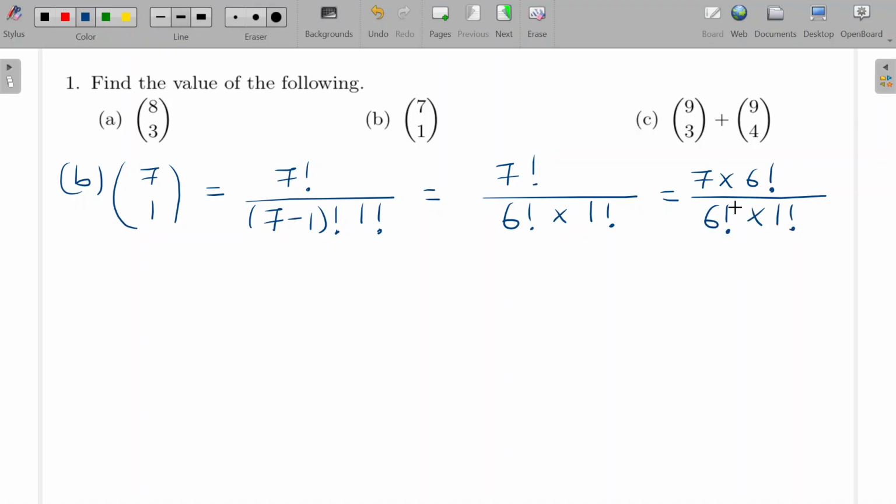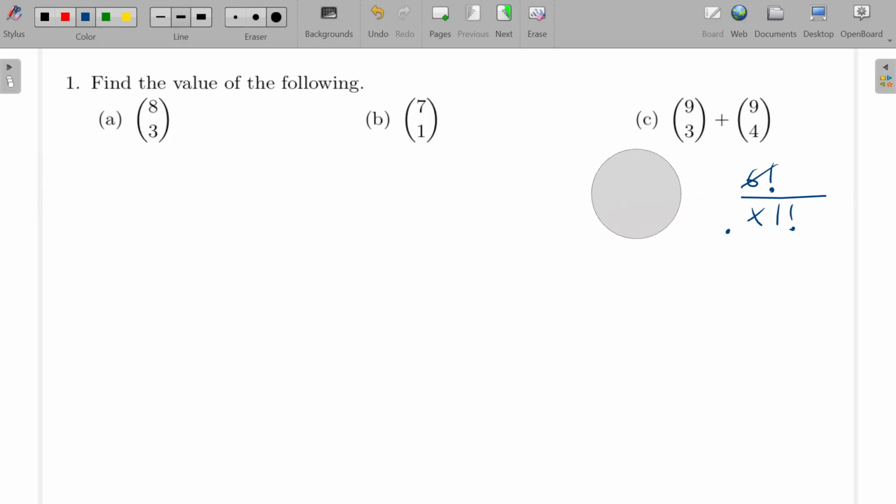So I'm going to cancel the 6 factorial out. Remember that 1 factorial is the same as what? As 1. As a result, I'm going to have a 1 at the bottom, on top I'm going to have 7 times 1, it will be 7. As a result, the final answer will be 7. Okay, and you're done with B.